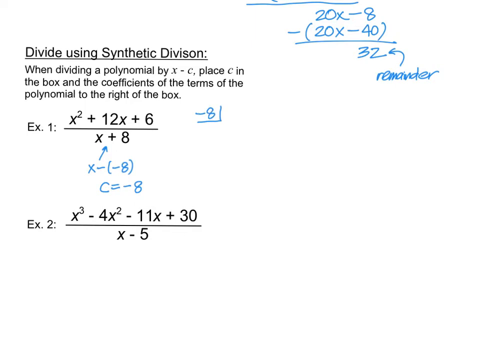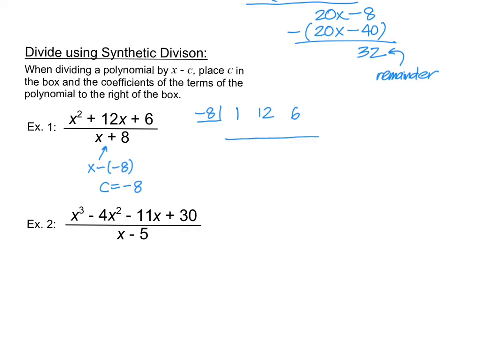Then it says write the coefficients of the terms of the polynomial to the right of the box. So here, the coefficient here is 1, the coefficient here is 12, and the coefficient here is 6. And so we write 1, 12, and 6 across. Now, we leave kind of a line that's blank right here, and we draw a line right there.